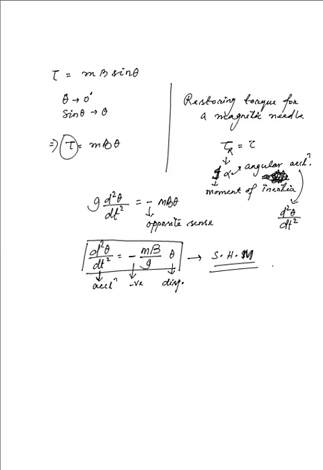In simple harmonic motion, the acceleration is simply negative omega squared times r, and omega square from that, omega is the angular frequency.